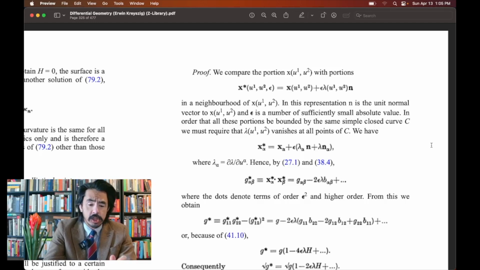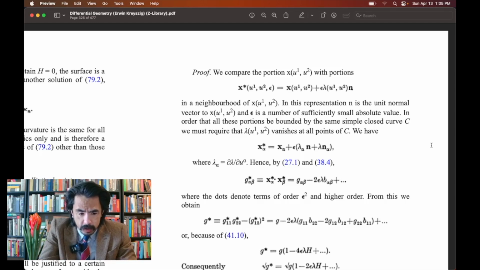In this representation, the vector n is the unit normal vector to the vector x in terms of u1 and u2, and epsilon is a number of sufficiently small absolute value. In order that all these portions be bounded by the same simple closed curve capital C, we must require that the function lambda of u1 and u2 vanishes at all points of capital C.